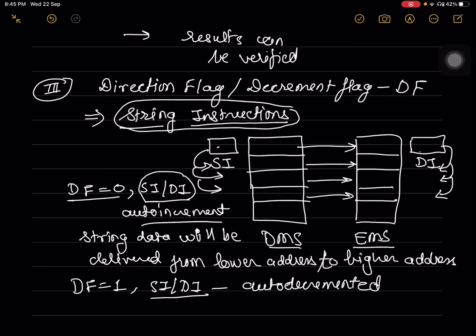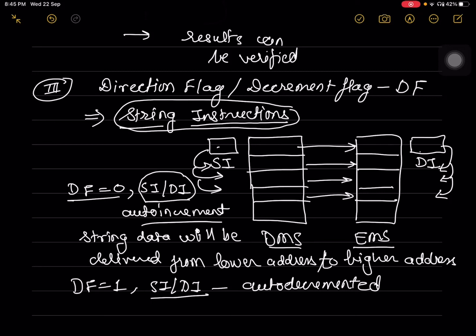This way all the flags have their own work. Six status flags and three control flags can be used in the microprocessor for verifying the results and for controlling certain specific operations of the microprocessor.